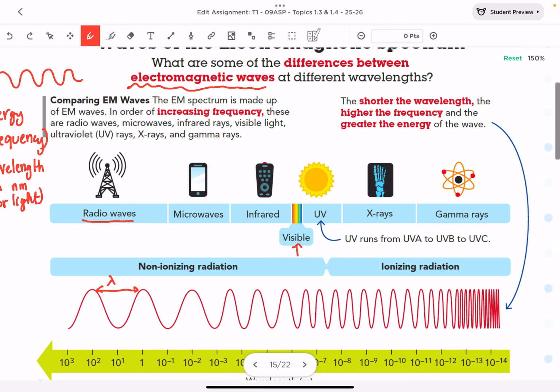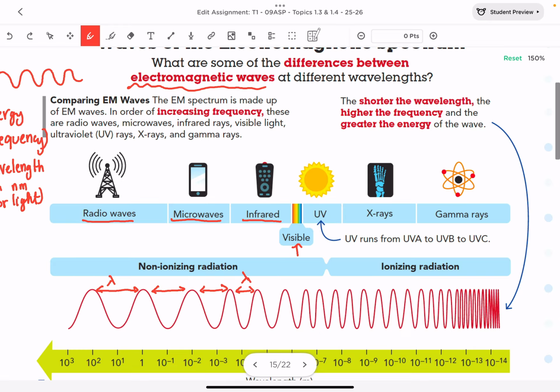Now, the microwaves are a bit stronger than the radio waves, and the infrared waves are even stronger than the microwaves.